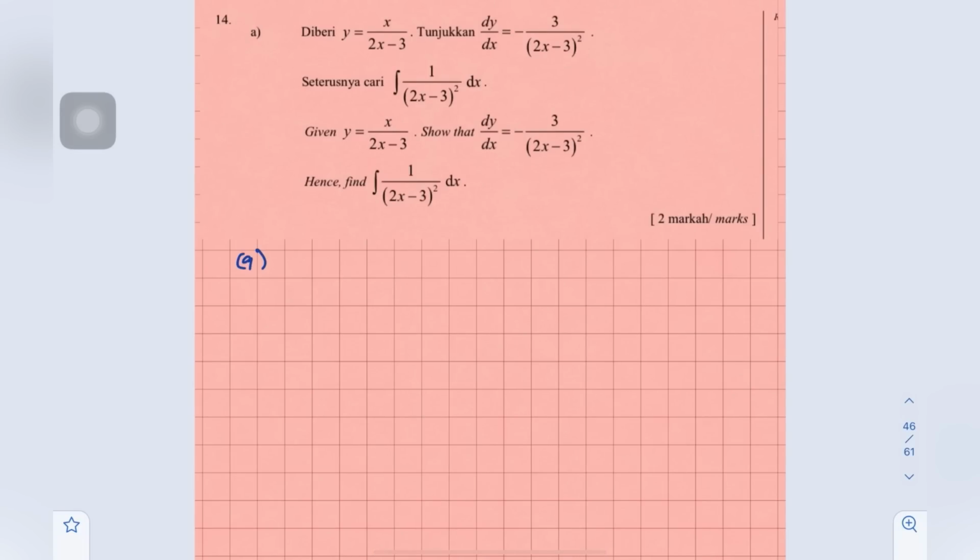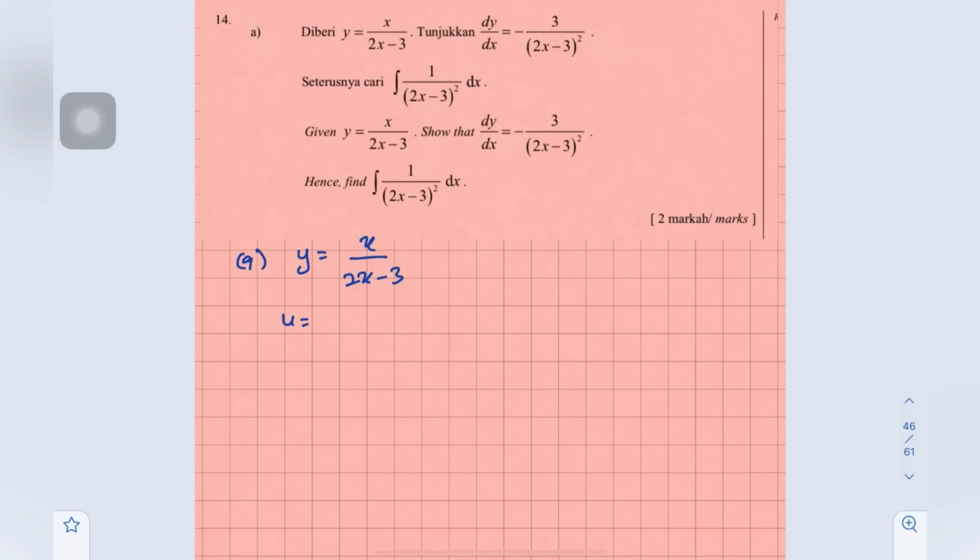14a. Given y equals x over 2x minus 3, show that dy/dx equals negative 3 over (2x minus 3) squared. Hence, find the integration of 1 over (2x minus 3) squared dx. Okay, so now here we have y equals x over 2x minus 3. So to find dy/dx, we need to use the quotient rule.